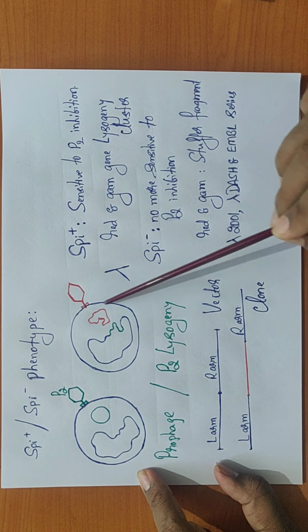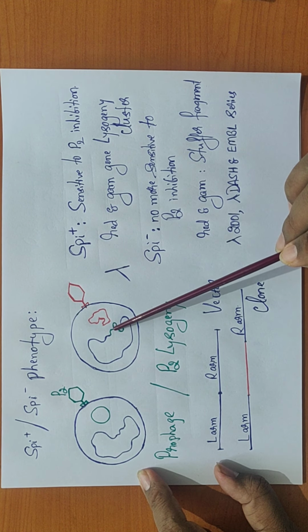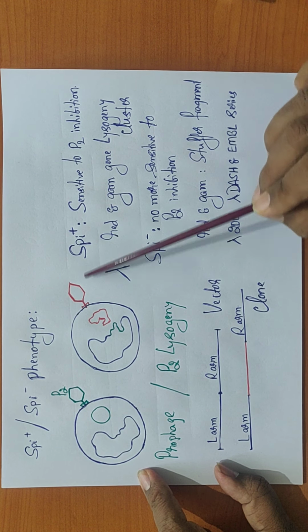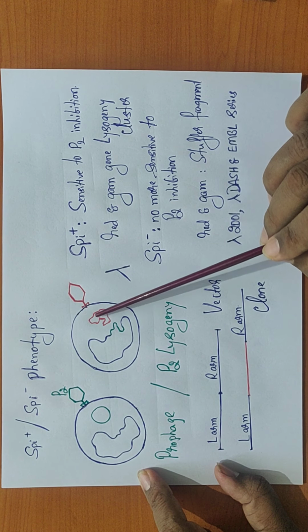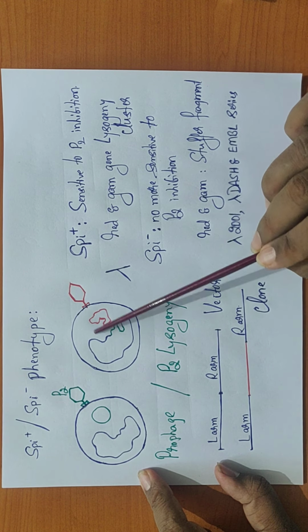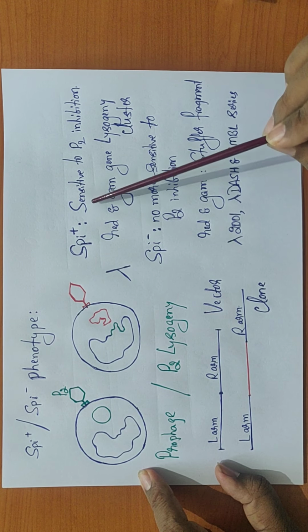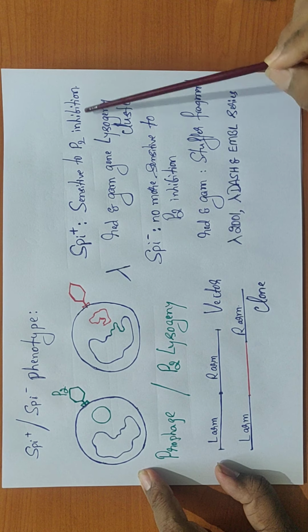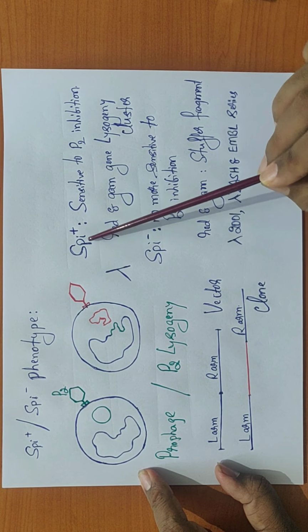Because the host has P2 DNA in the lysogeny form with the host genomic DNA, the lambda DNA is unable to infect. It will not get into any lysogeny cycle or lytic cycle. That condition is called sensitive to P2 inhibition, or SPI plus.